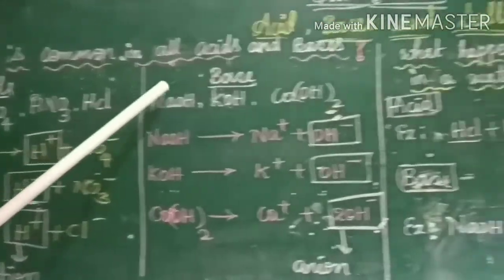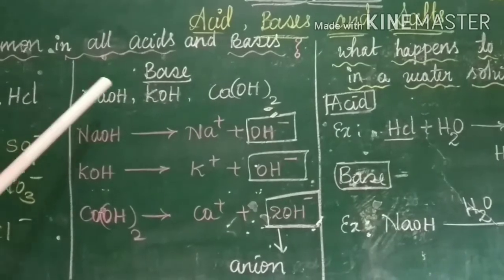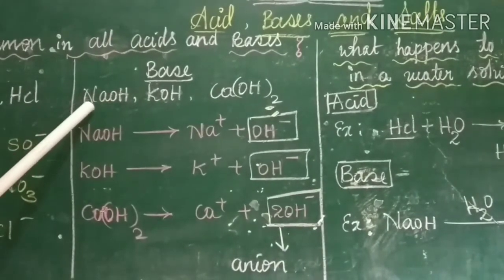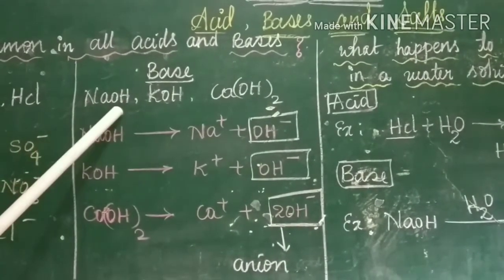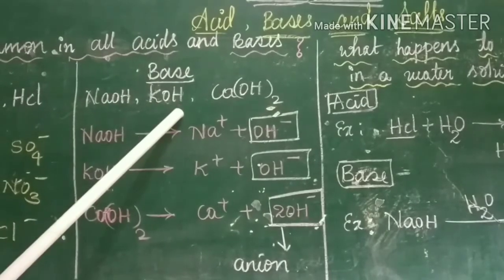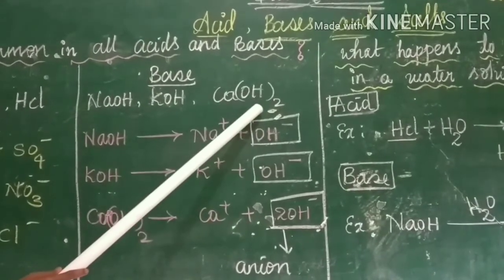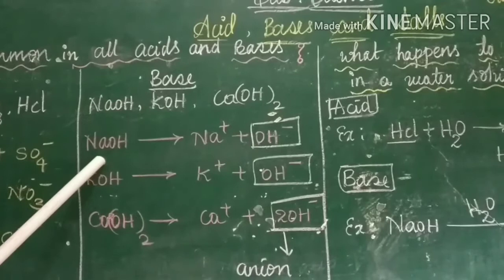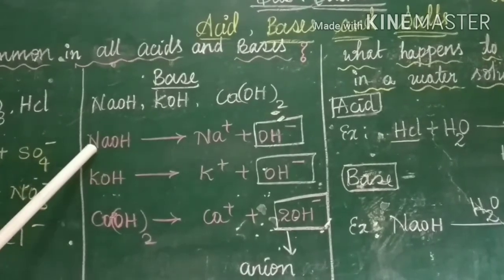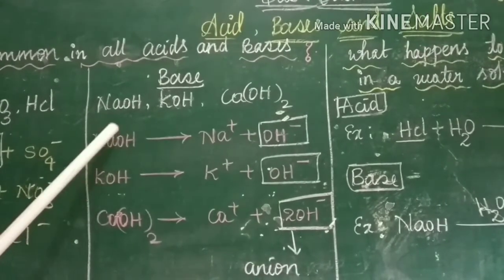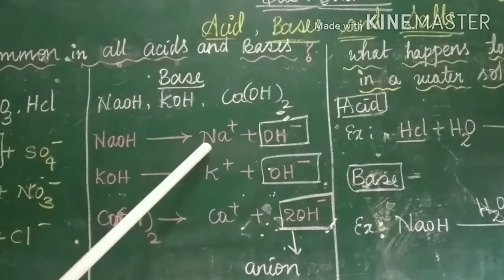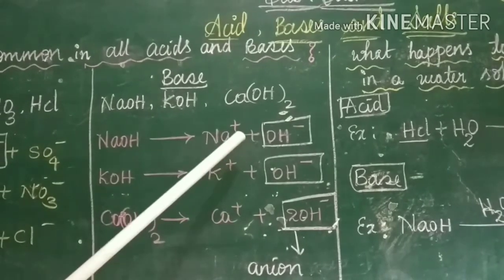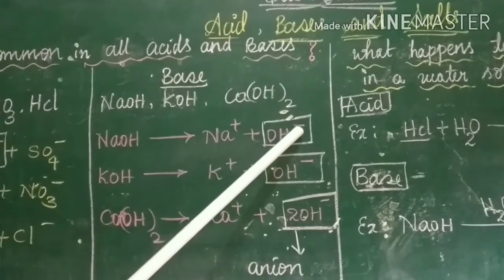Next is base. Take examples of bases such as sodium hydroxide, potassium hydroxide, calcium hydroxide. Take the example of sodium hydroxide. NaOH ionizes to produce Na plus ion and OH minus ion.